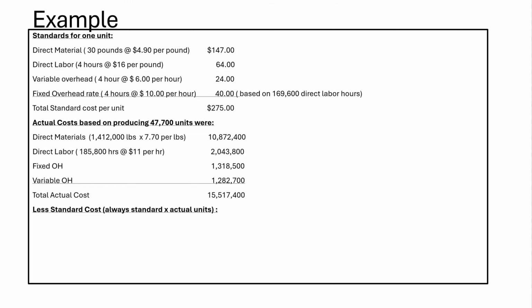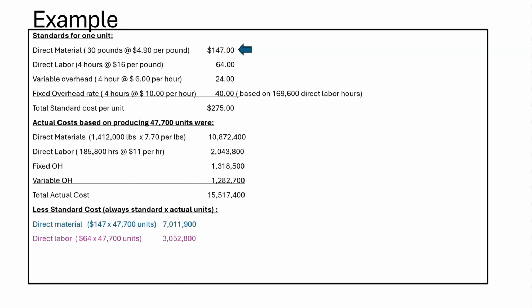So we know what our actual costs were. Now let's figure out what it should have cost based on our standards. The direct material should have cost us our standard rate per unit times the number of units we produced. It should have cost $7,011,900.